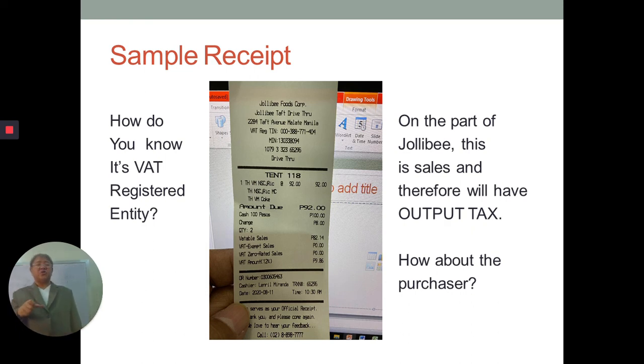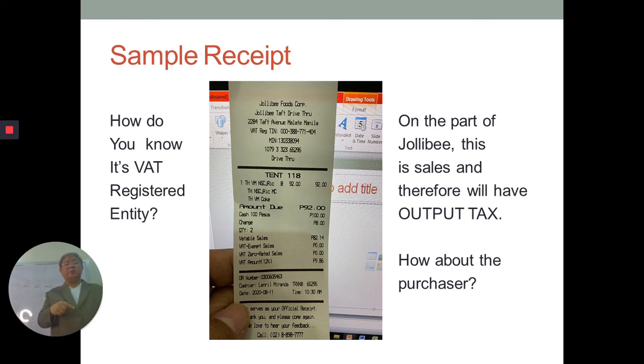Now, this sample receipt, on the part of Jollibee, is a sale transaction. On my part, it's a purchase transaction. Therefore, Jollibee will have to recognize output VAT from this sale transaction, and on my part, I will recognize an input VAT.